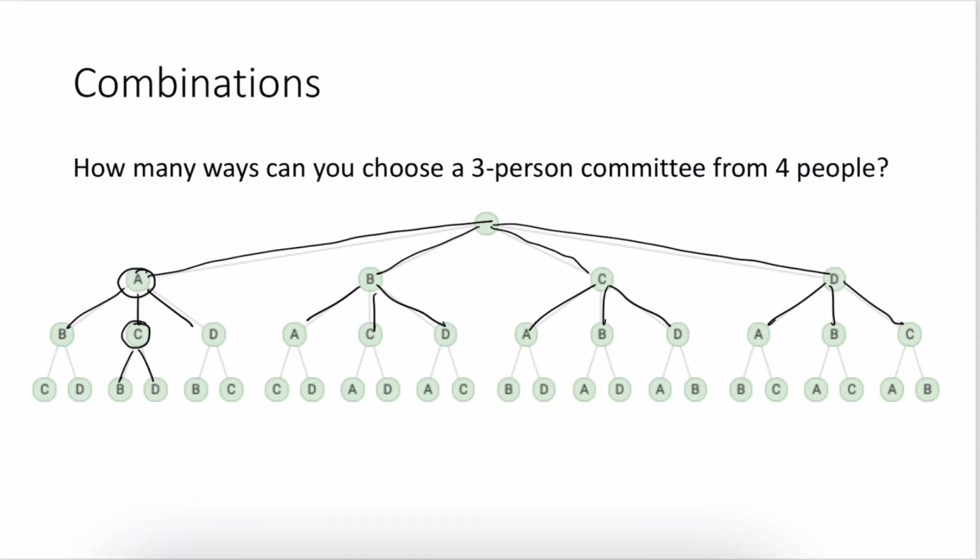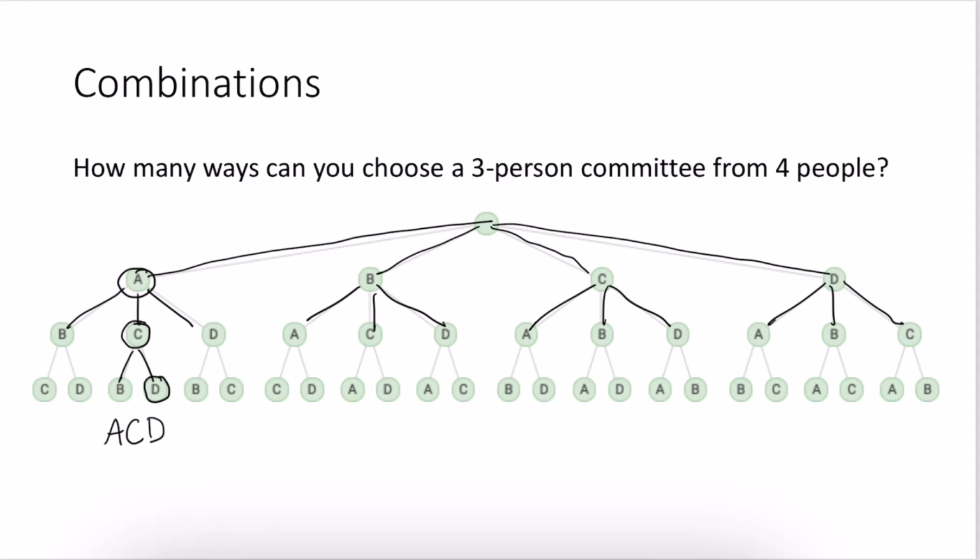It could either be person B or person D. And let's say that we chose person D. So that particular branch represents choosing person A as our first committee member, then person C as our second one, and person D as our third committee member. We know how to calculate the number of branches in this choice tree because that's just a permutation.